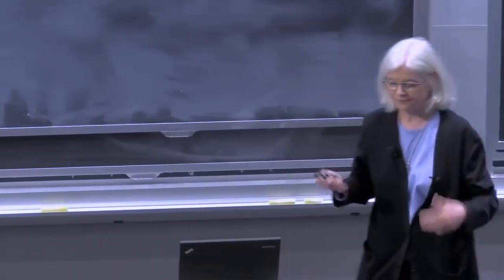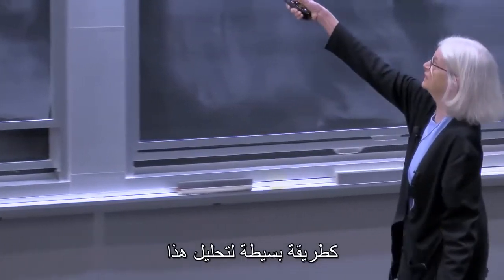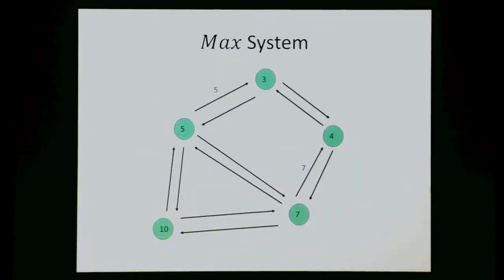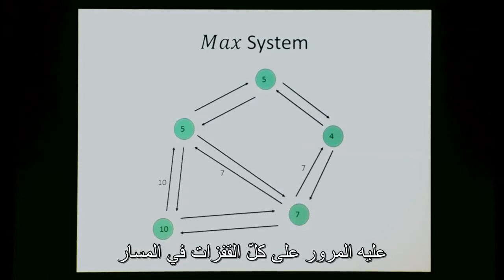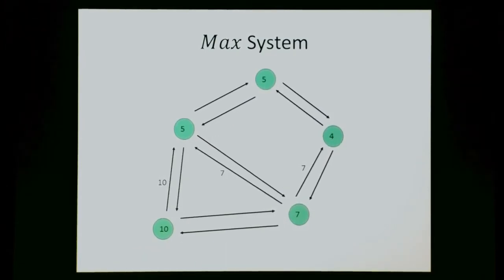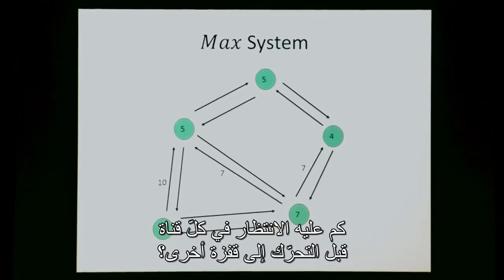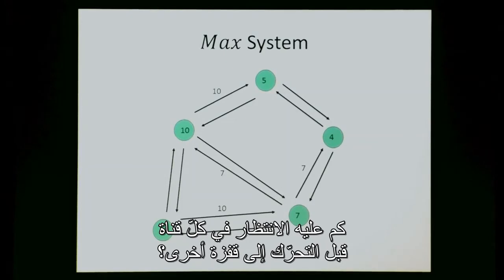Okay, so as a naive way of analyzing this, you just consider how long it takes for the max to reach some particular vertex u along its shortest path. Well, it has to go through all the hops on the path. So that would be the diameter. And how long does it have to wait in each channel before it gets to move another hop?